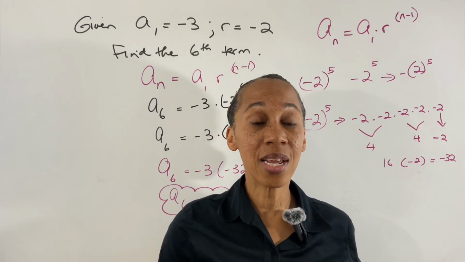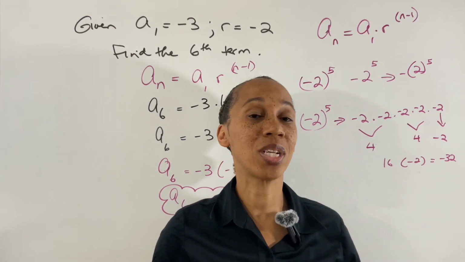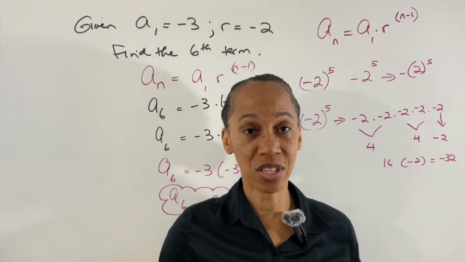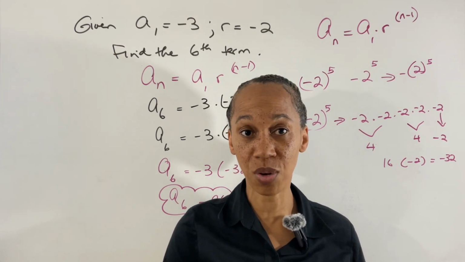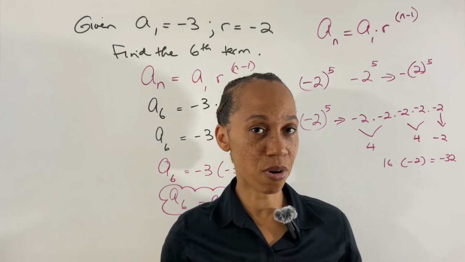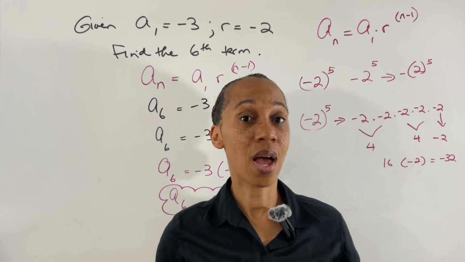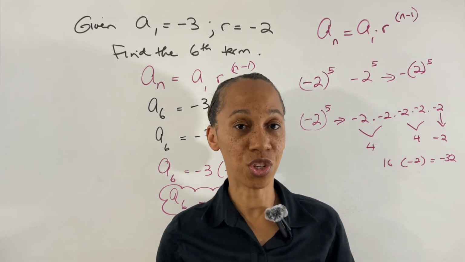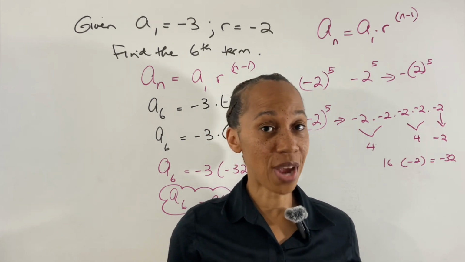And if you need practice on arithmetic sequence, you can also go back and watch my video on arithmetic sequence, and that will help you for problems that have to do with arithmetic sequence. Just note that arithmetic sequence is totally different from geometric sequence. Arithmetic sequence is dealing with the pattern of addition. So you are dealing with adding numbers or subtracting numbers.